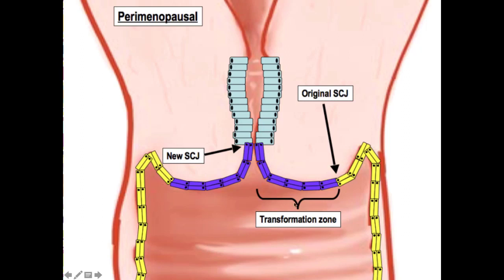It's very important to know this because within this epithelium there can occur some kind of cellular atypia, and this epithelium is also very vulnerable to infection, especially by the human papillomaviruses.